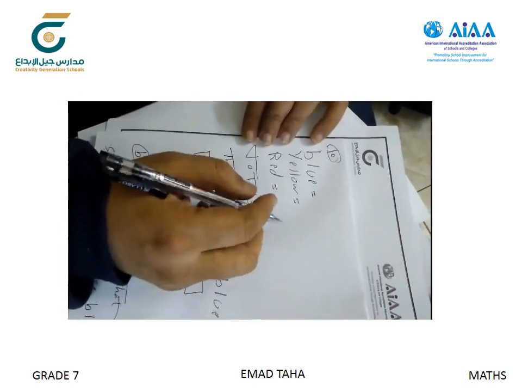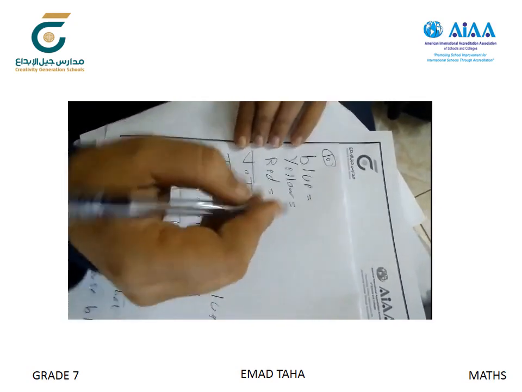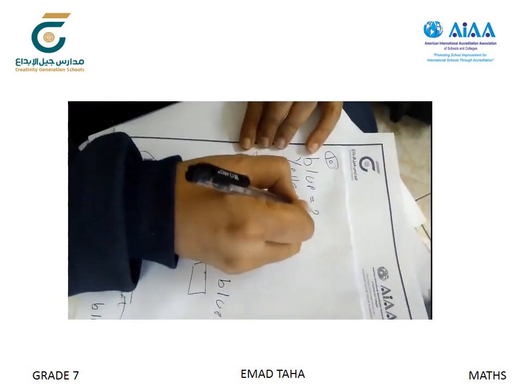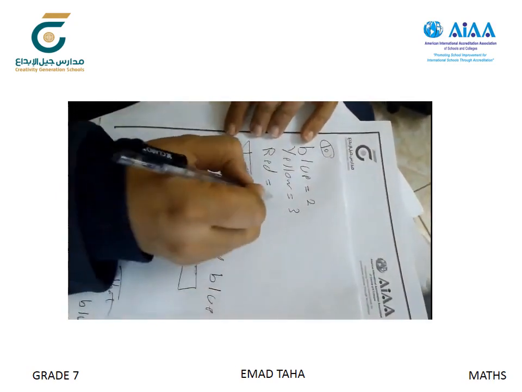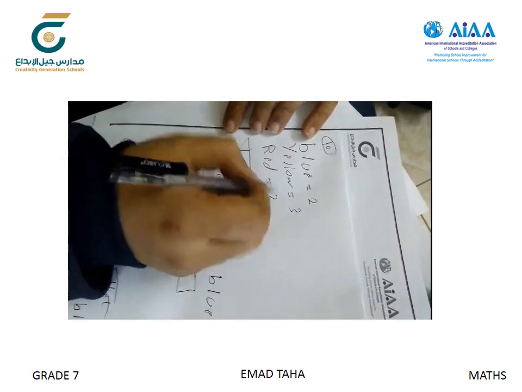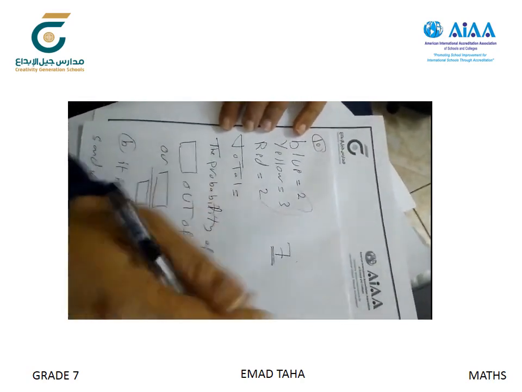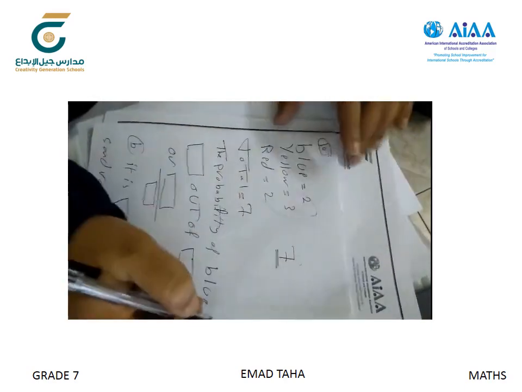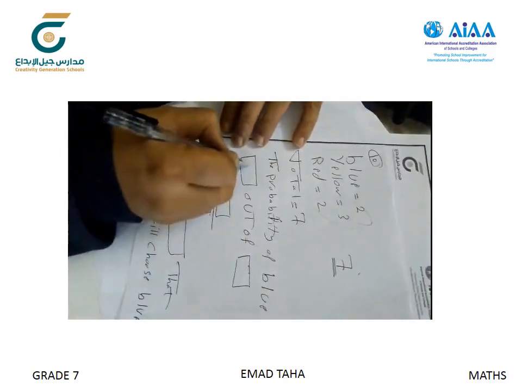Okay. The last one, question number 10. Of the marbles in a bag, 3 are yellow, 2 are red, and 2 are blue. Yes, the number of blue equals 2, the number of yellow equals 3, and the number of red equals 2. What is the total number? 7, yes. So all outcomes equal 7. The probability of blue, how many blue here? 2.